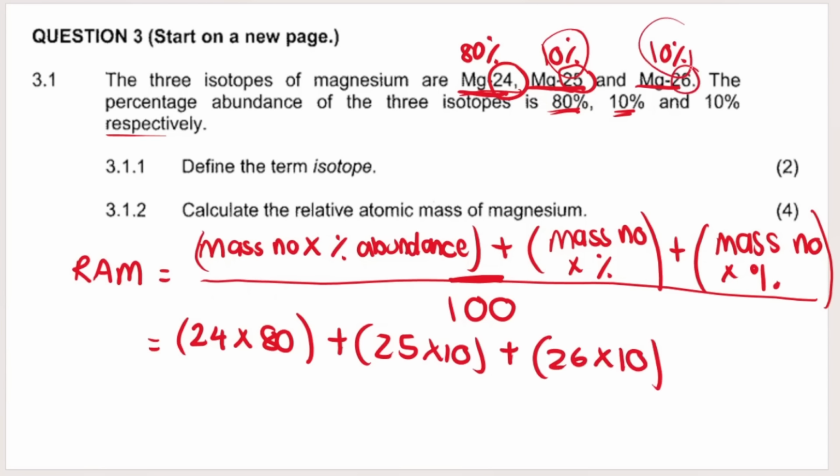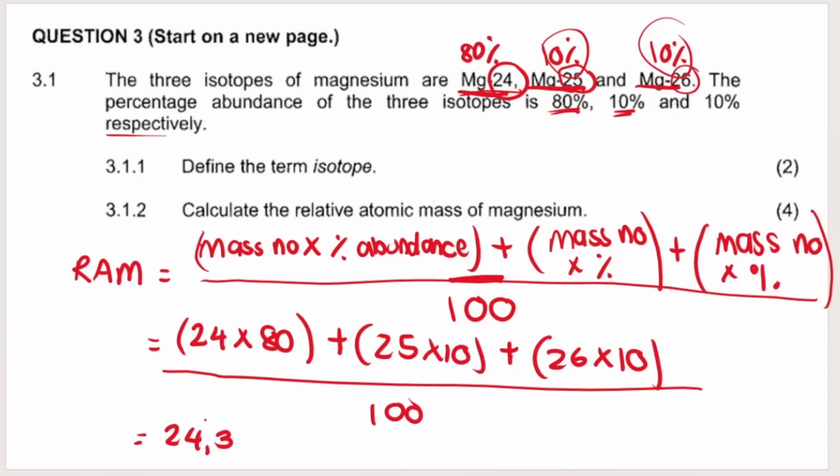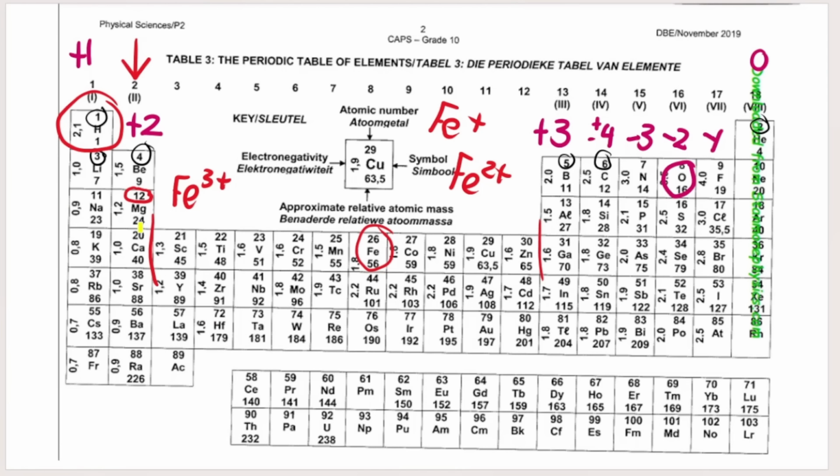The mass number times the percentage. We divide all of that by 100, and we get 24,3. Now, if we look at magnesium on the periodic table, we can see that 24,3 is basically rounded off to 24, which we see on the periodic table.